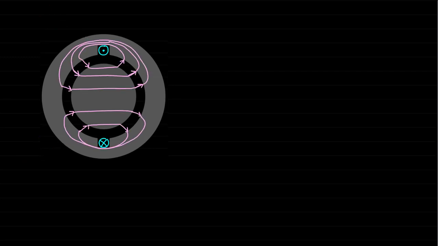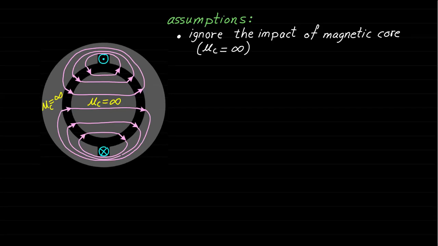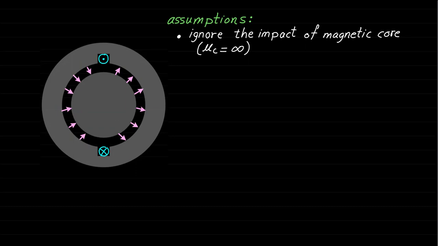In the case of the single-phase concentrated winding stator, if we excite the winding with DC current I in this direction, a magnetic field will be produced as shown. Let's ignore the impact of the magnetic cores by assuming the permeabilities of the cores are infinite.